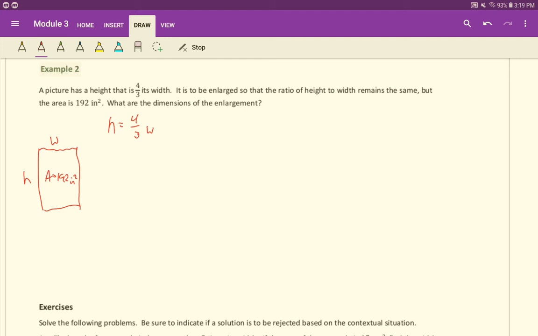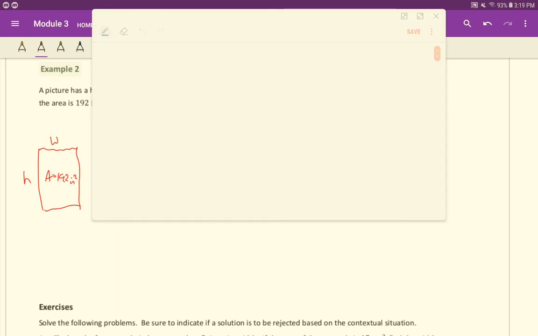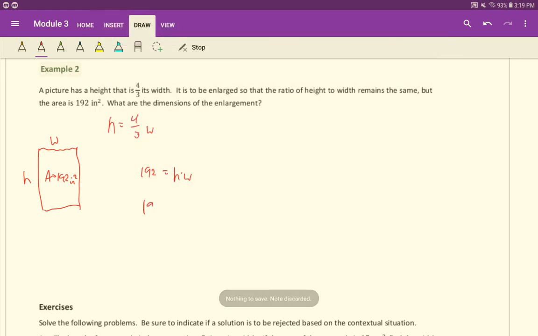And that area is going to be found by multiplying height times width. But again, we know that height is 4/3 the width, so instead of h, we can just do 4/3 w times w, like that.